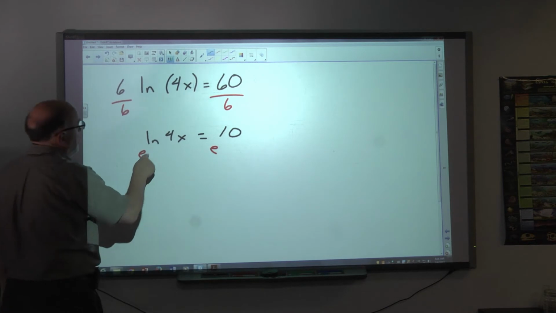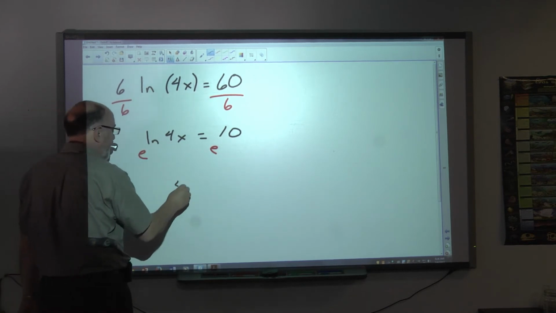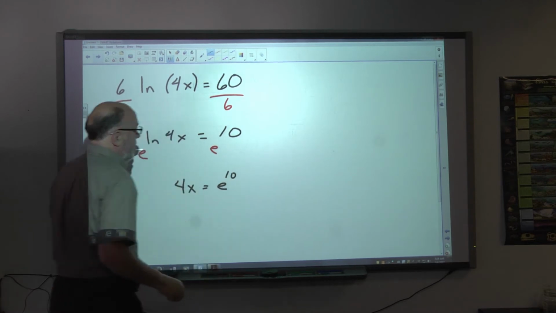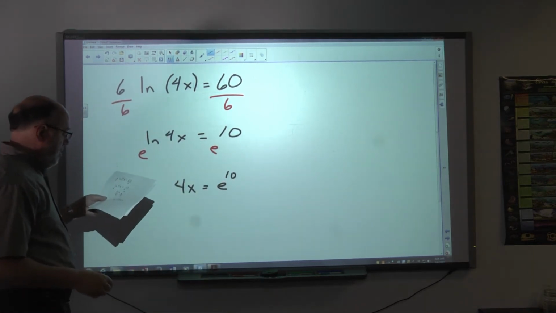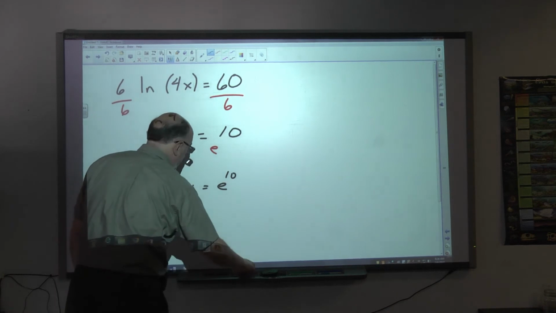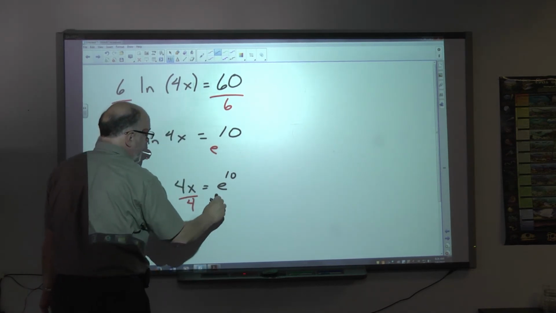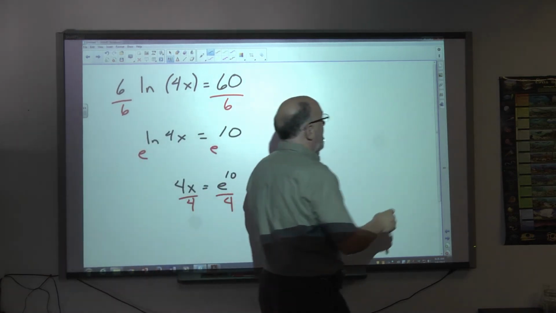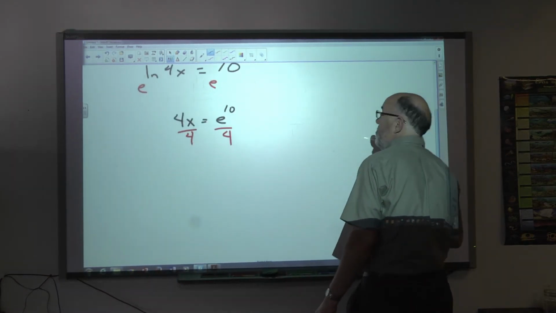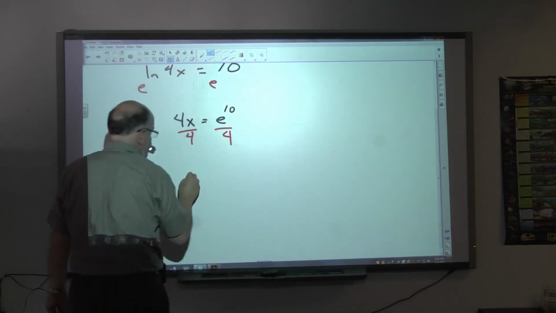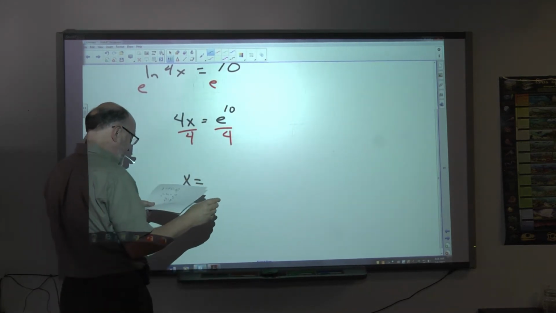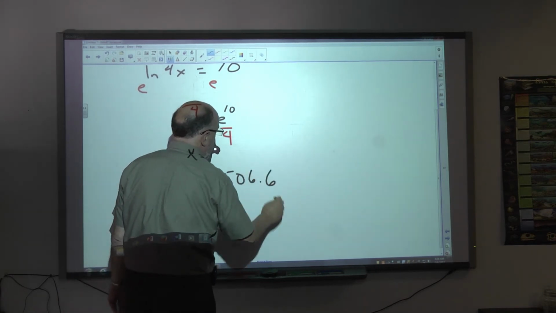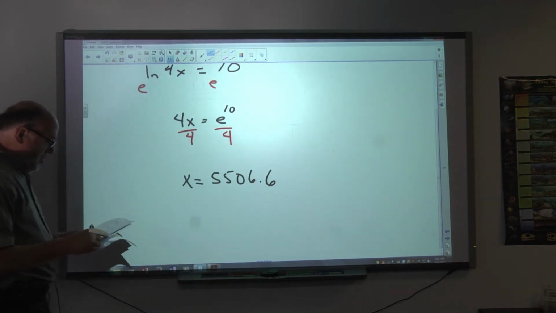Right? So e to the natural log of 4x is just 4x. It's going to equal e to the 10th. And then we're going to divide that number by 4. So if you do e to the 10th divided by 4, you end up that x is going to be 5506.6.